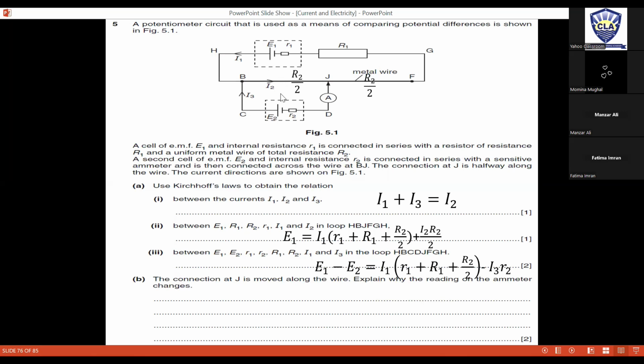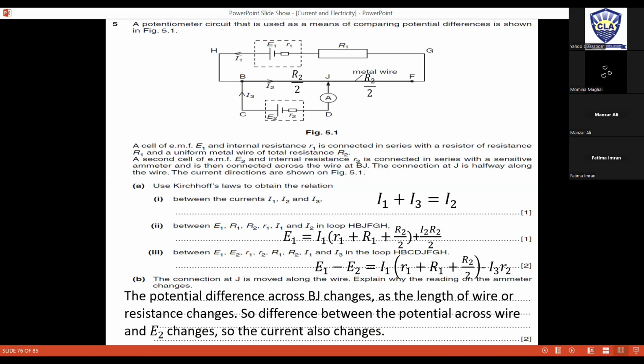If that voltage is equal to E2 and it is opposite because positive is connected to positive, then there will be no current. But if either of the EMFs is greater, then there will be a current. That's the logic here. As the length of resistance changes, the difference between the potential across the wire and E2 changes, so the current will also change.